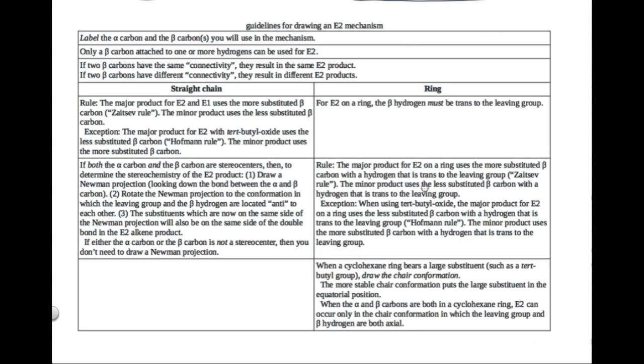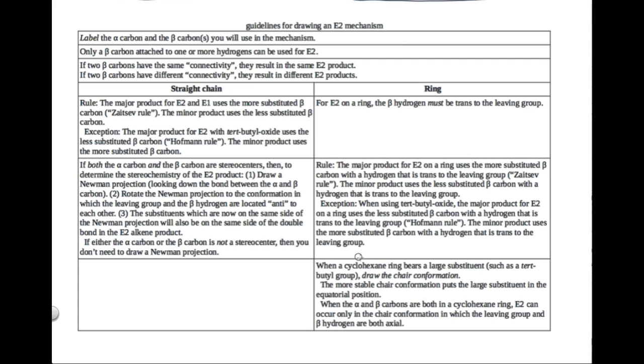So we can adapt what we've been talking about into a new guideline for an E2 mechanism. Here's a new guideline when you're doing an E2 mechanism on a ring. Notice that this guideline applies when you're dealing with a cyclohexane ring. Do you know what cyclohexane is? Cyclohexane means a ring with 6 carbons.